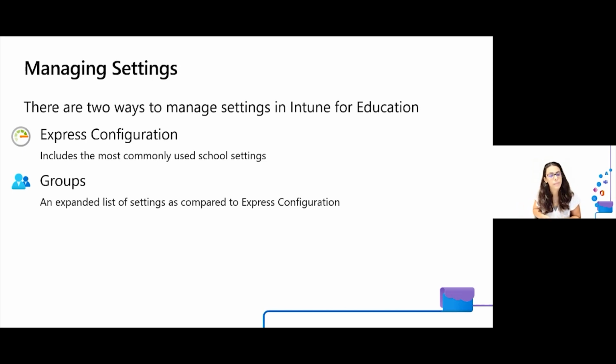On the other hand, if you need additional settings that are not in express configuration, we can go to groups, and we'll find there an expanded list of settings and categories that you can configure to address those needs.